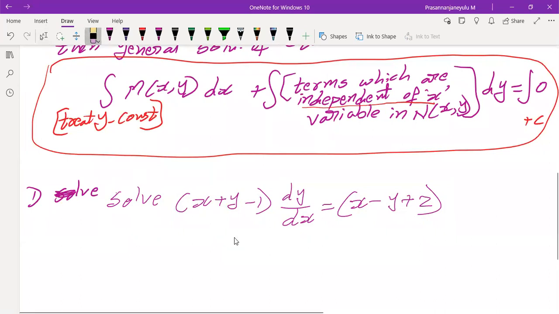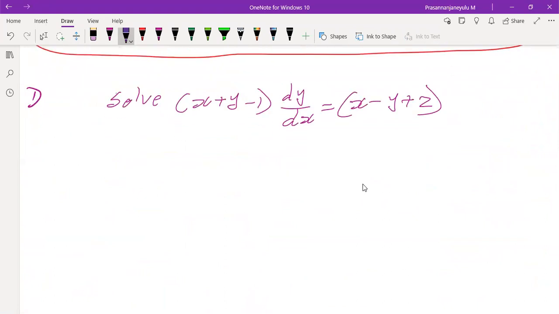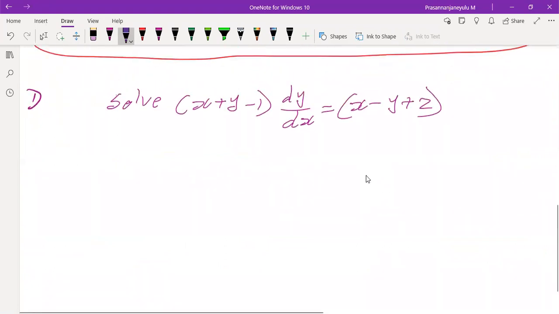In this problem, can I write it in the form of M dx plus N dy? Yes or no? Use a cross product or something else and write it in the form of M dx plus N dy. I may ask you questions in the middle, so you must be in a position to listen carefully, and if any doubts are there, you can ask immediately.